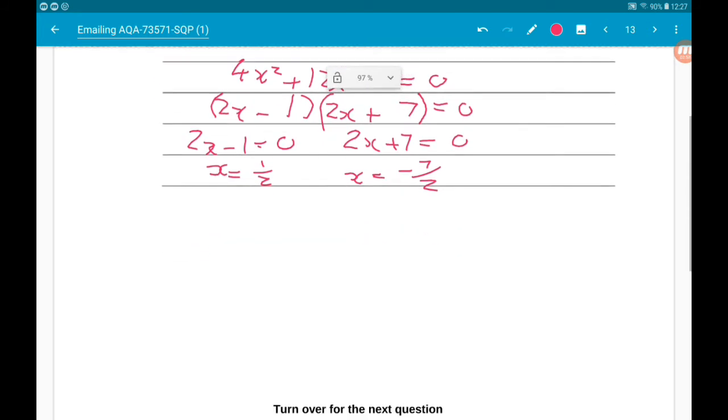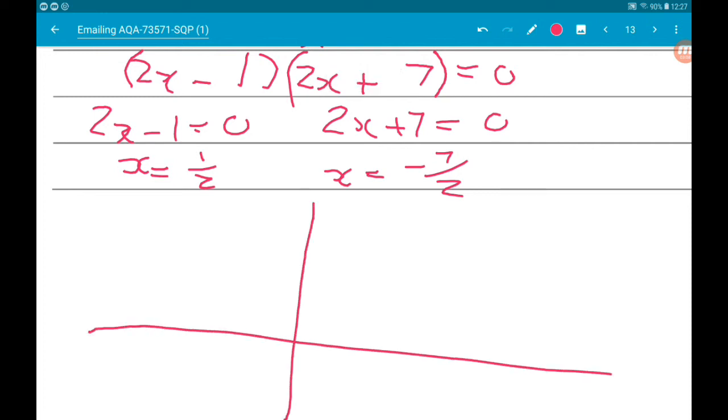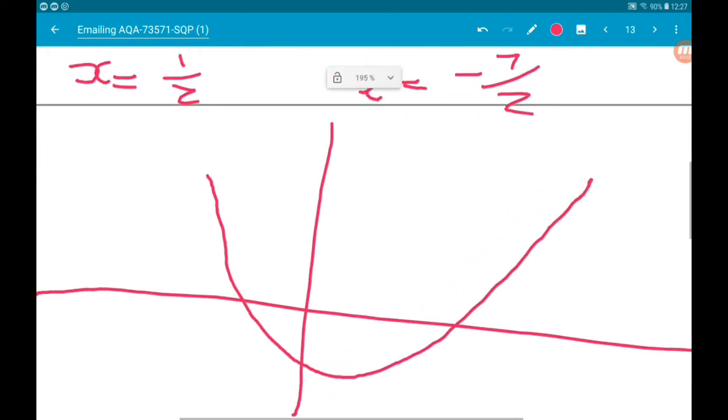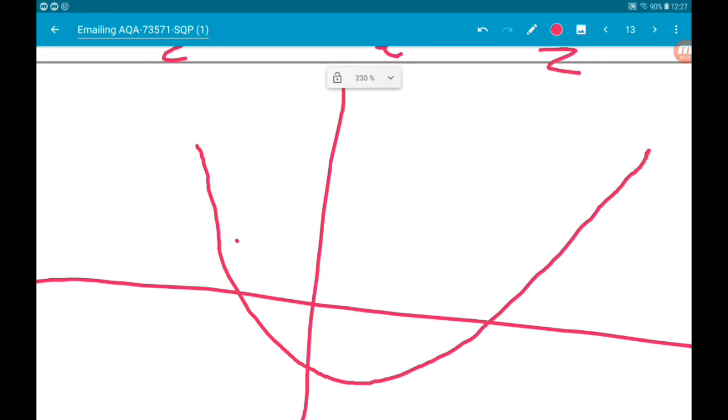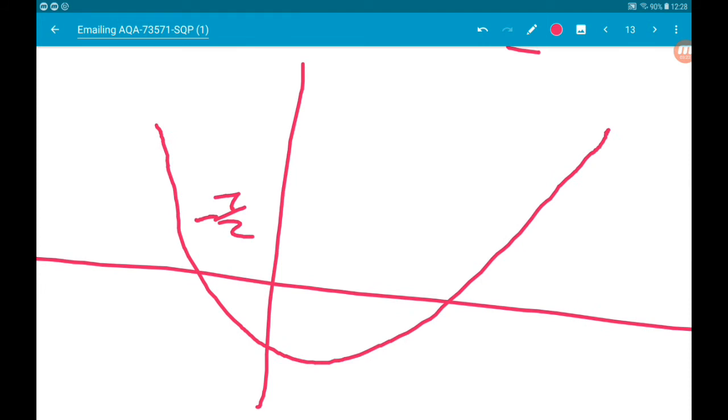So the quadratic graph is going to look something like that, where this point over here is minus 7/2, and this point over here is 1/2.